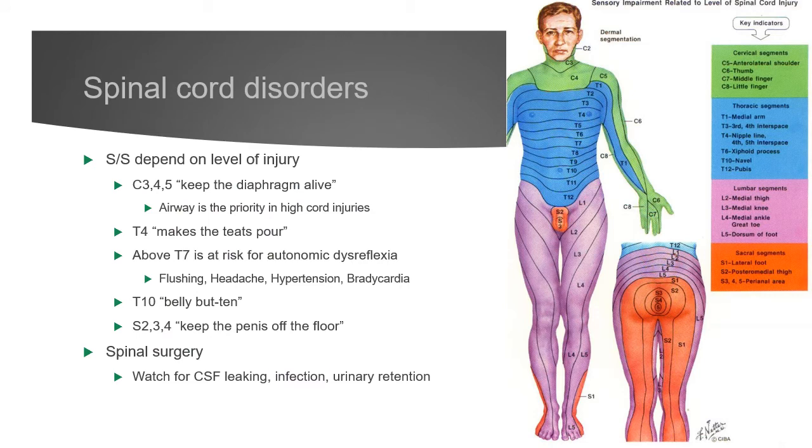Spinal cord disorders or spinal disorders such as degenerative disc disease, spinal stenosis, and herniated discs can cause chronic pain, and the pain tends to radiate along dermatomes from the spinal column or the nerve root compression.